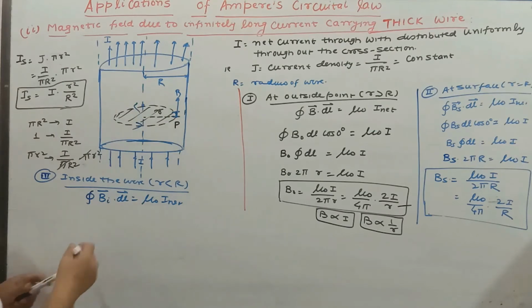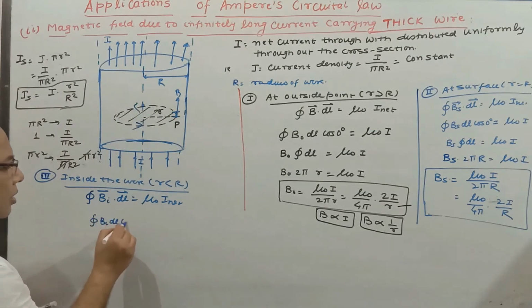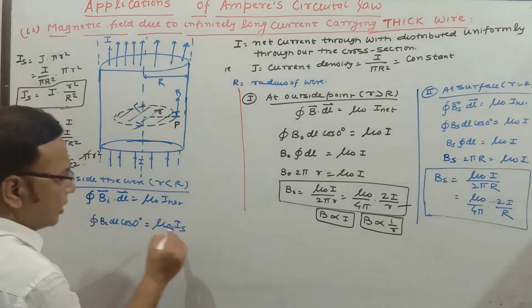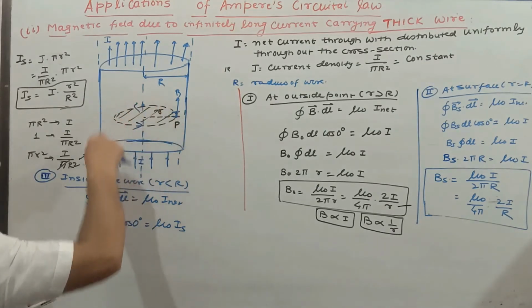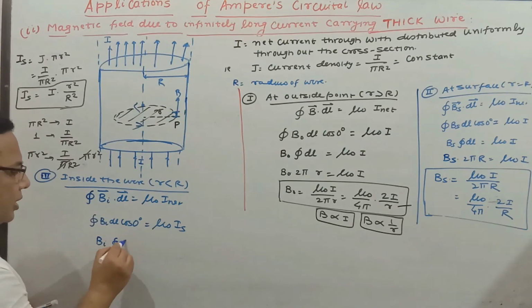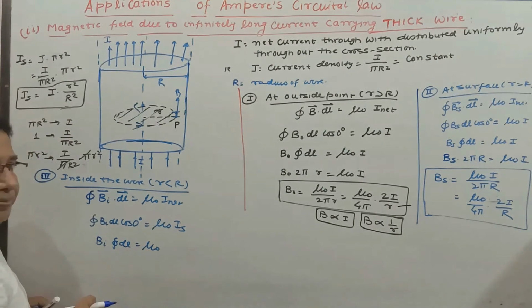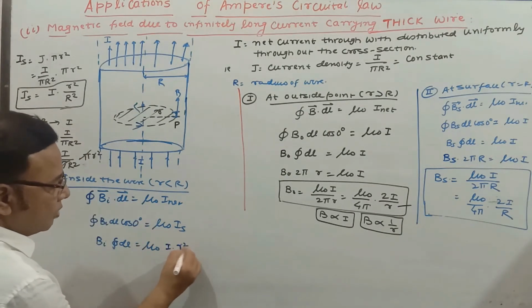So the integral of Bi dl cos 0 degree is equal to mu naught Is, net current through the shaded section only. At all points symmetrical situations are there, so Bi is taken constant, outside the integral sign. Integral dl equals mu naught Is, where Is is I into small r square by capital R square.